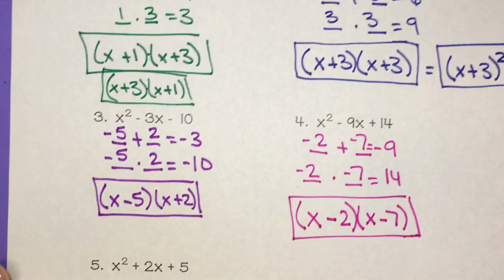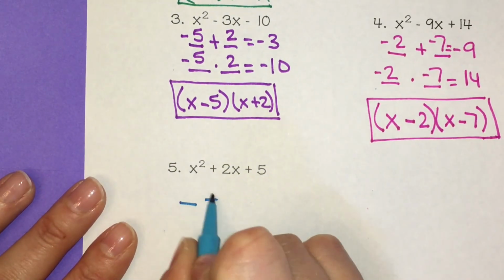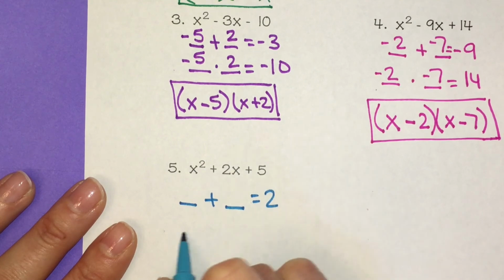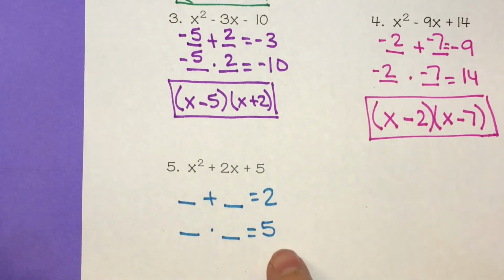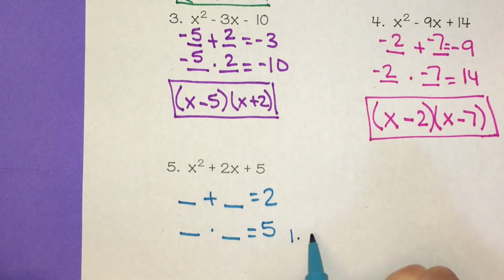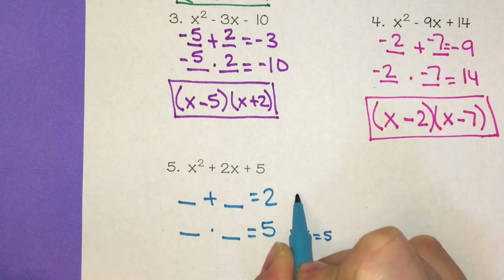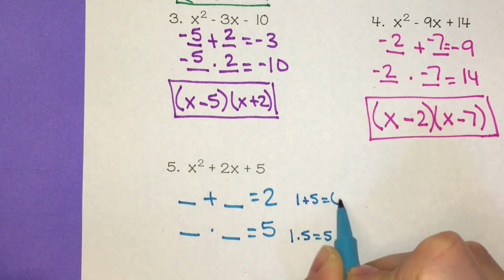And the last one, we're going to add to equal 2, multiply to equal 5. Well, the only thing I can multiply to equal 5 is 1 times 5 gives me 5, but 1 plus 5 is equal to 6.